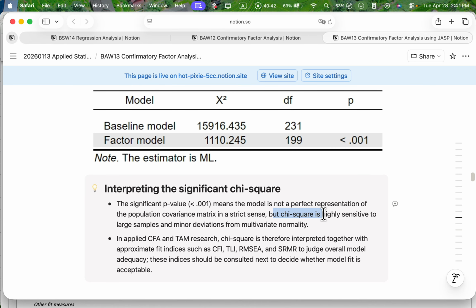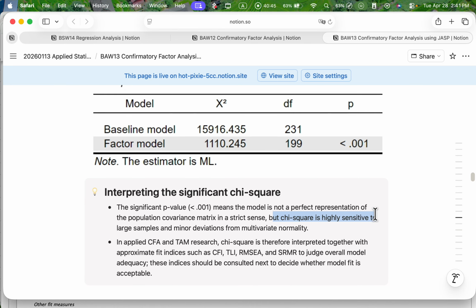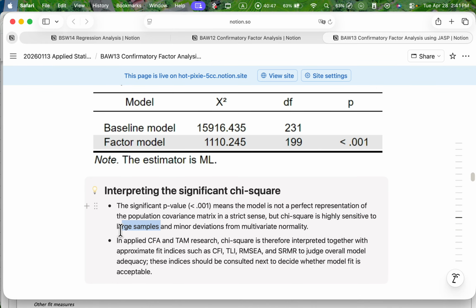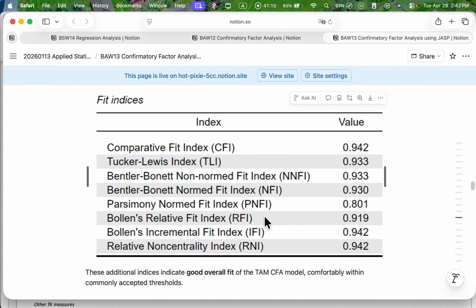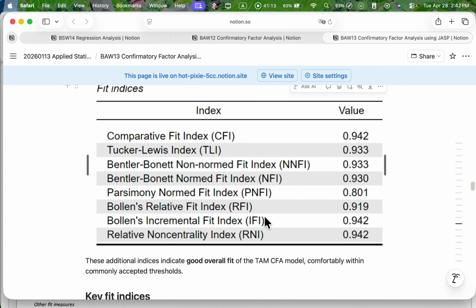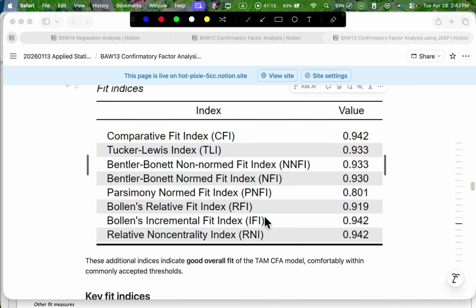There's a mention that the chi-square is highly sensitive to a larger sample, so it's sensitive to the sample size. So in applying CFA, in TM research, beside the chi-square, we can look for the fit indexes called CFI, TLI, RMSEA, SRMR. Let's take a look at what we have just mentioned.